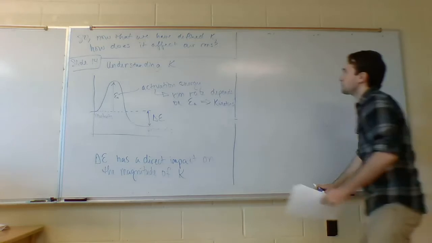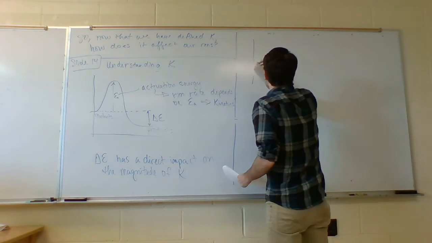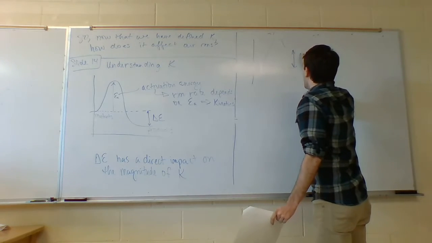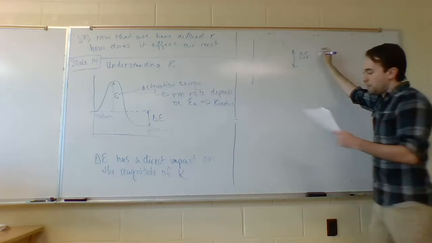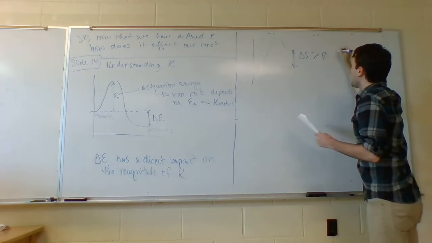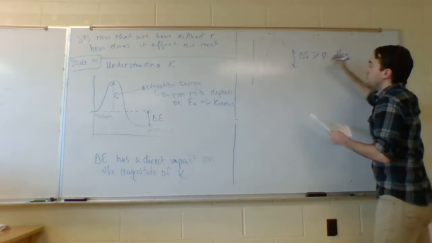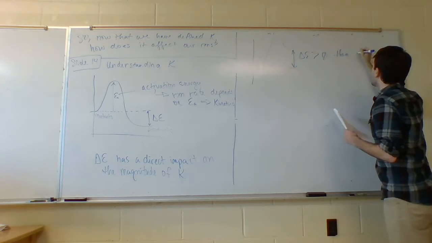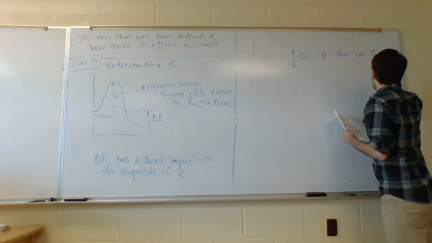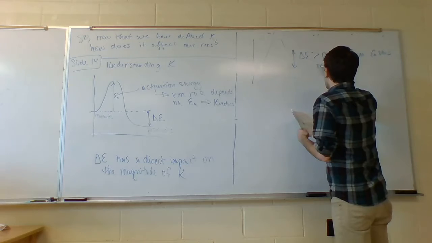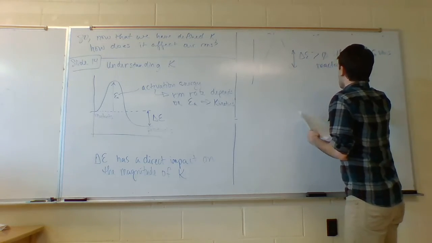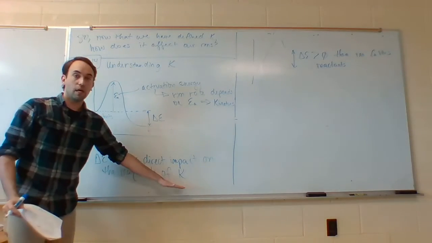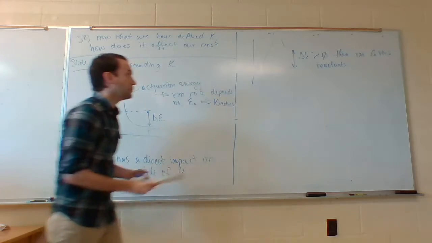If we had something that looked like this, where delta E was positive, then that means that this reaction required energy, which means that it actually favors the reactants, which tells us that as delta E changes, so does our favorability with K.